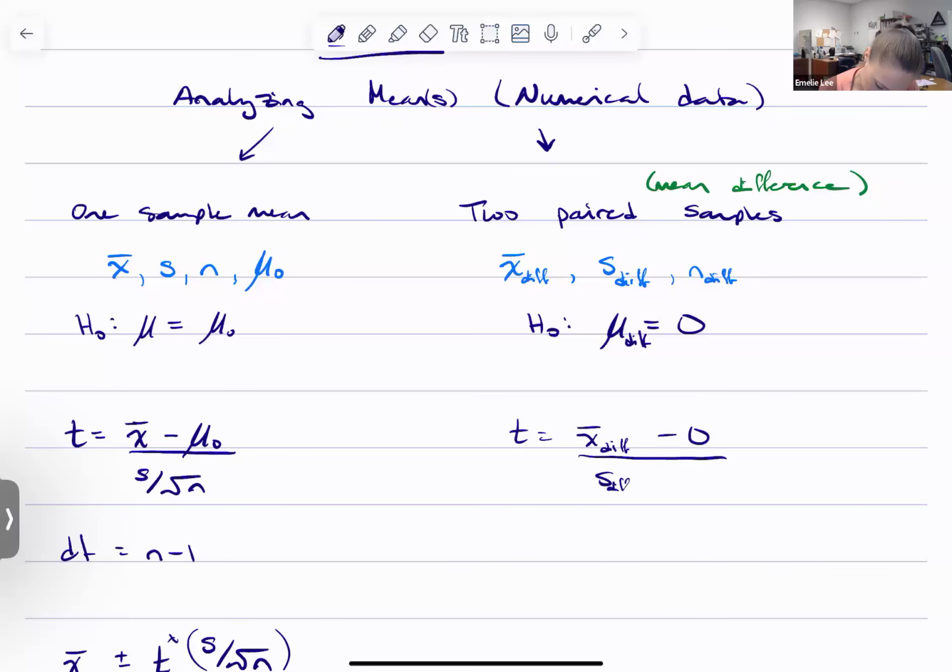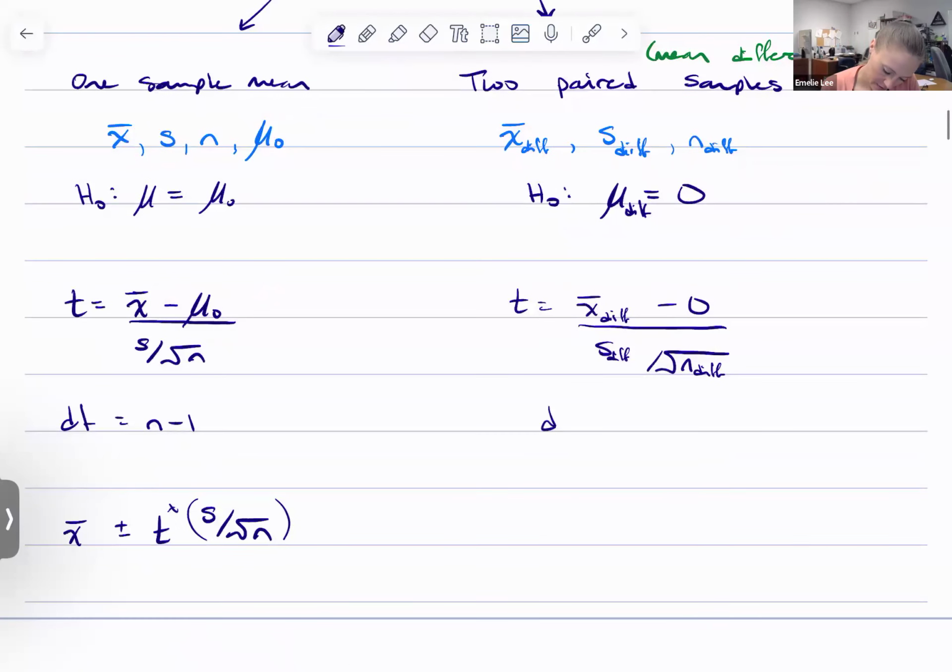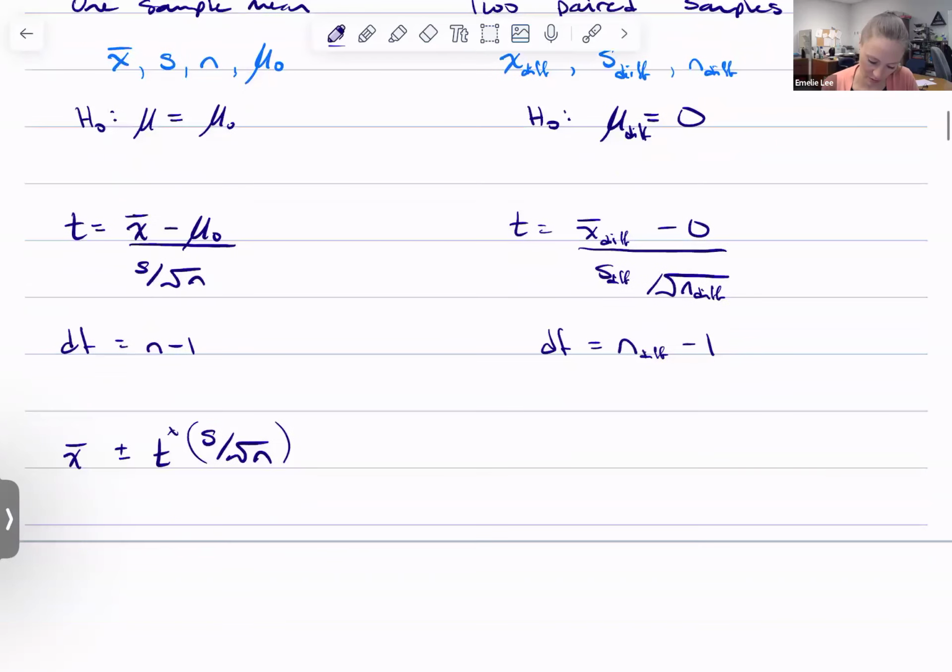Divided by S diff divided by the square root of N diff. No surprise, the degrees of freedom is going to be N diff minus 1. So number of differences minus 1, and that's on your formula sheet as well.